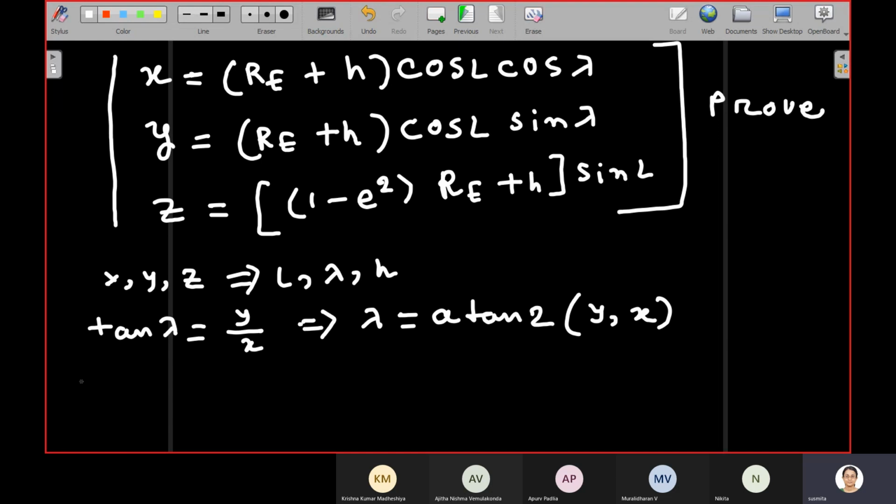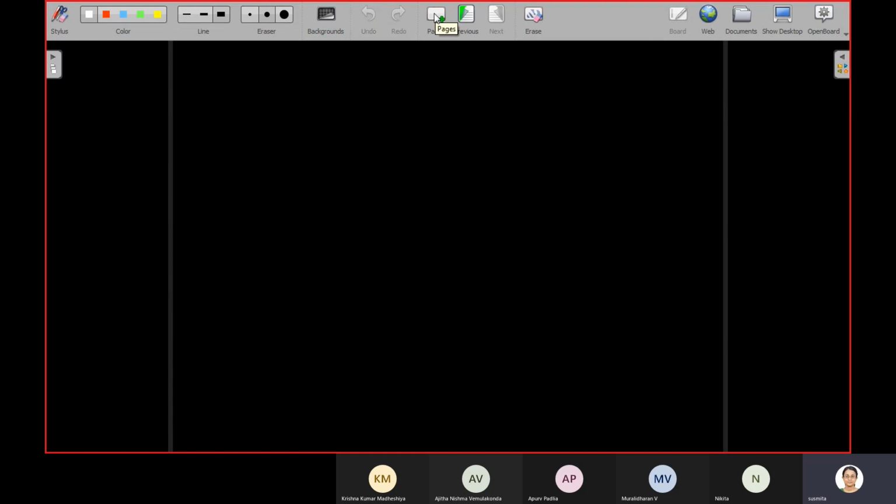And then for latitude and height, we have two alternative representations. The first one is suitable when the user is not near the poles because tan 90 does not exist, right? So when the user is near the poles, we cannot use this form. We need another representation.